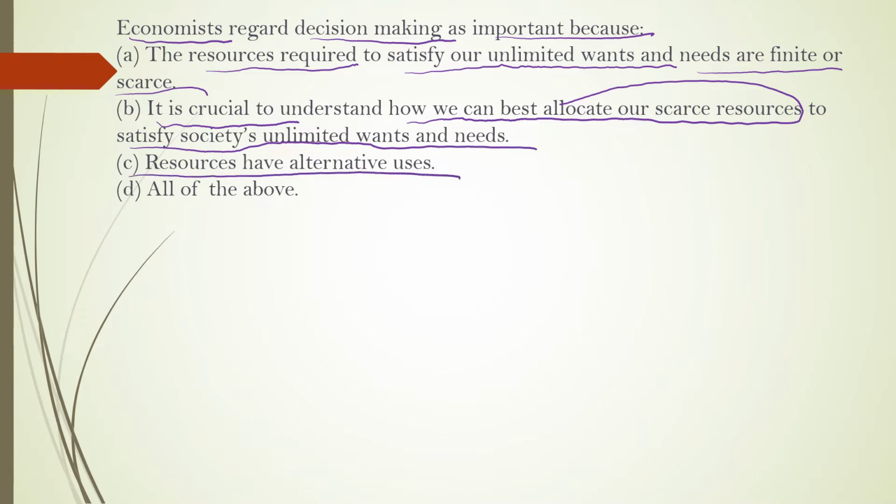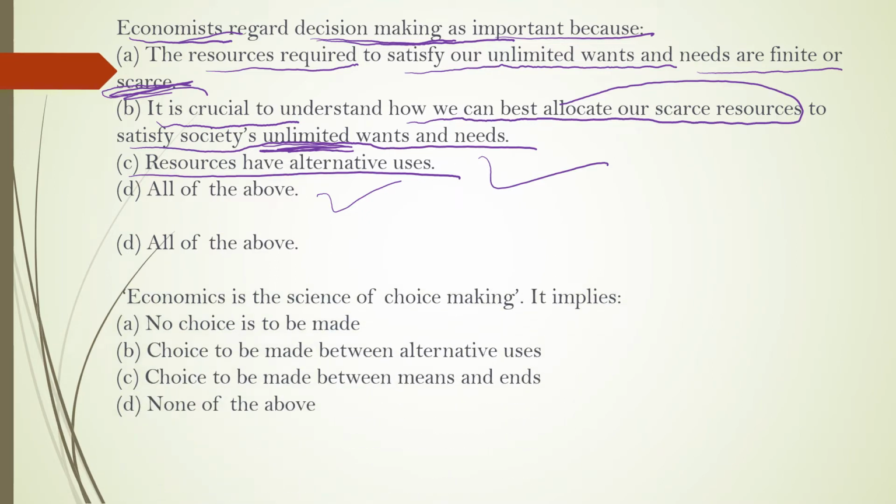Resources have alternative uses. So dear students, economists regard decision making as important because we are satisfying our unlimited wants with scarce resources which have alternative uses. So the right answer is all of the above.